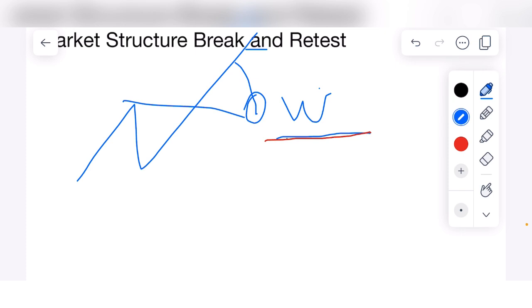Where the market reverses, I mean the highest points. It should be the highest points. Let's take it again.